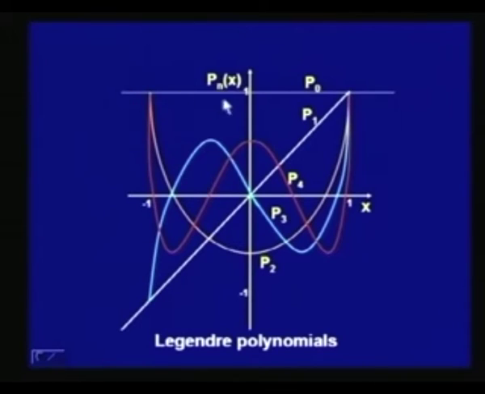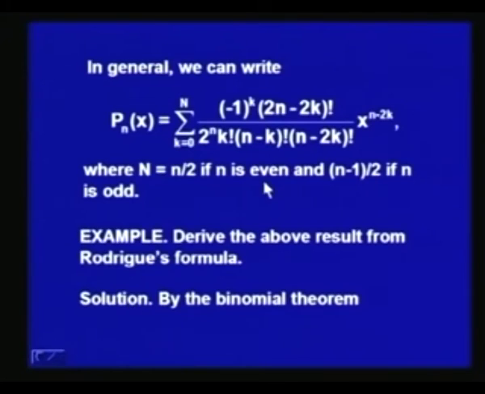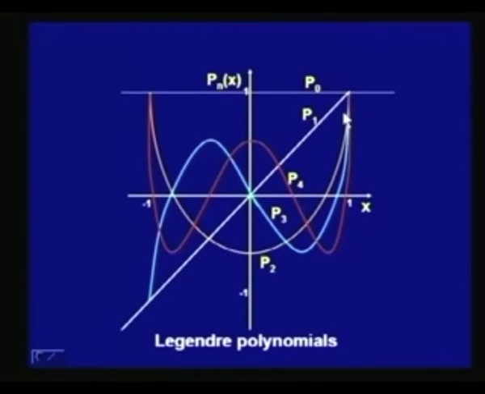In this picture we see that P0(x) is equal to 1, this is the straight line, and then we have P1(x) equal to x, this is the line P1(x) equal to x.